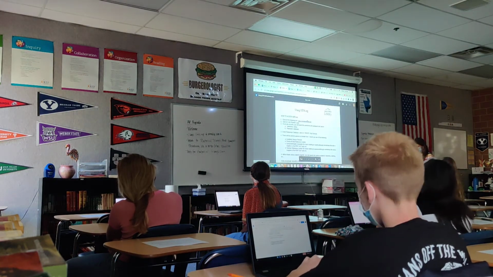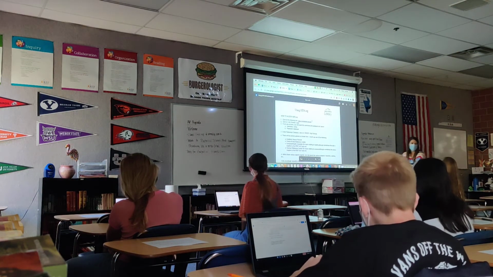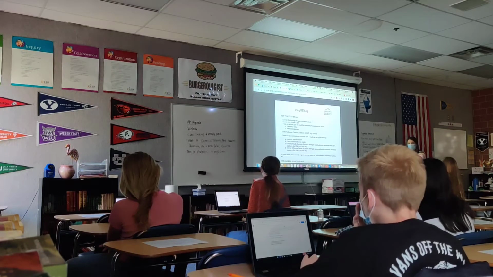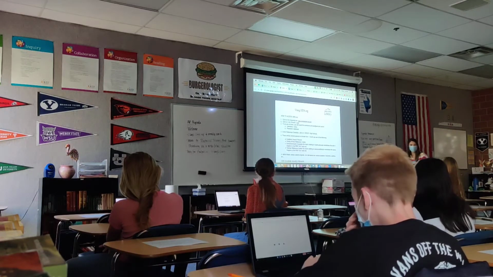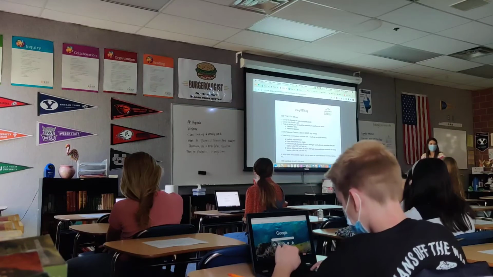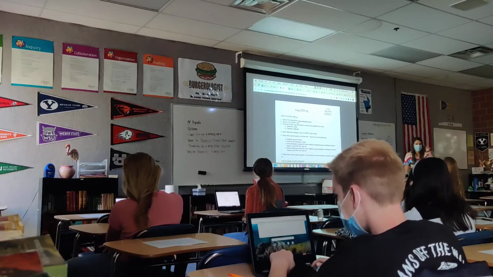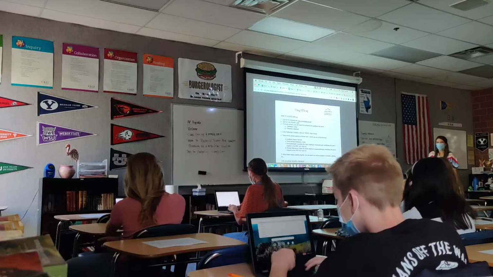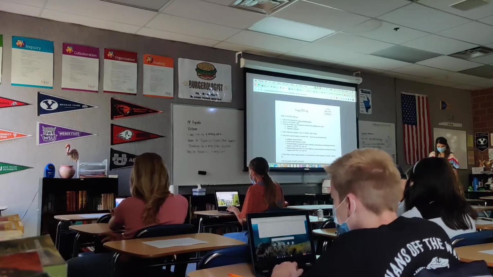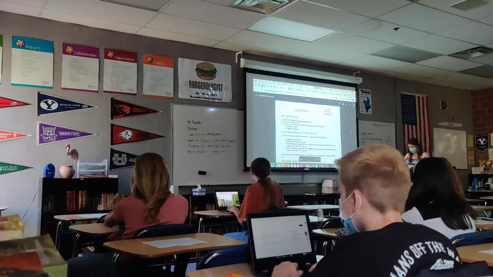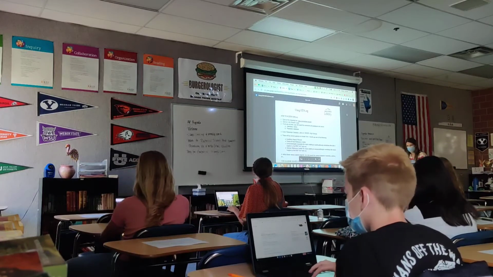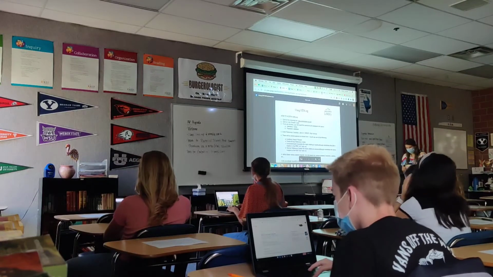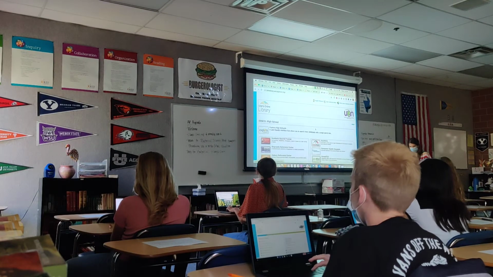So you can just type into your browser, or if you open up this page, you can just click on the link, but it's onlinelibrary.uen.org. So everyone put that into a browser on your computer, onlinelibrary.uen.org. And it should come up and look like this.